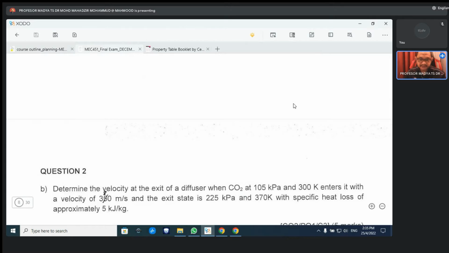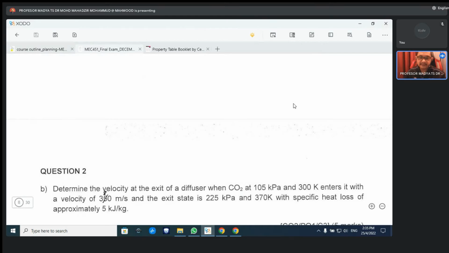Okay, based on this sentence, you will see that it mentions a diffuser. You must know, and you must imagine, how the picture of a diffuser looks. A diffuser has an inlet and an exit.